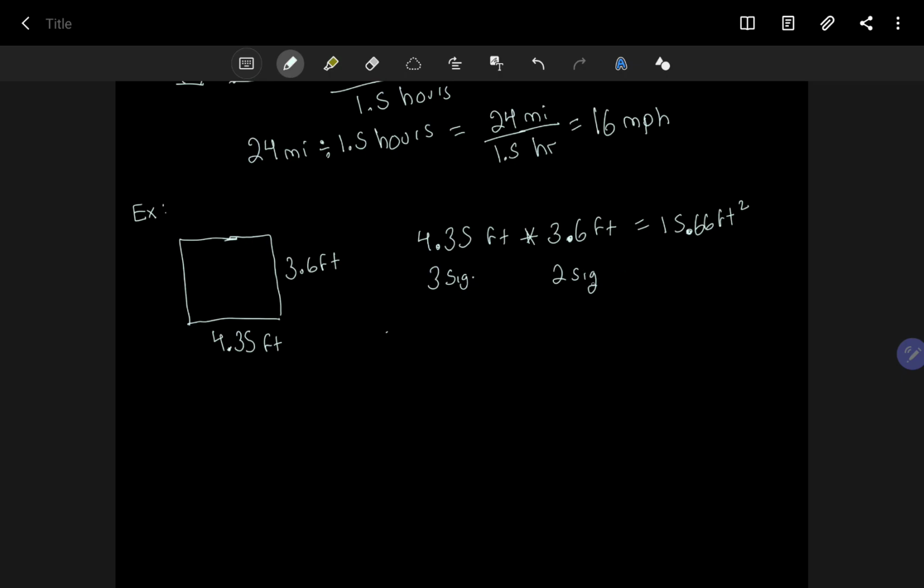So I'm going to round my number to 2 significant digits. So in reality, once I round 15.66 feet square to my least amount of significant digits, this is just 16 feet square. Cool. And that's it for this lesson.